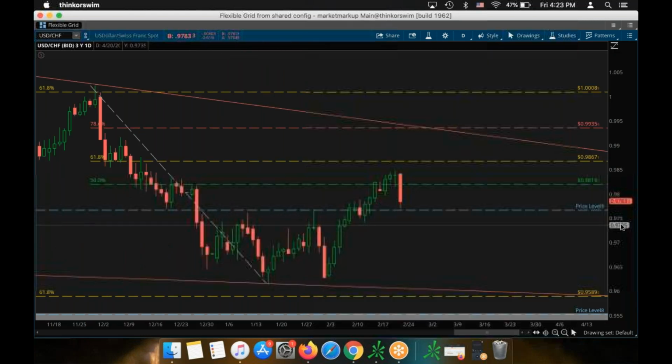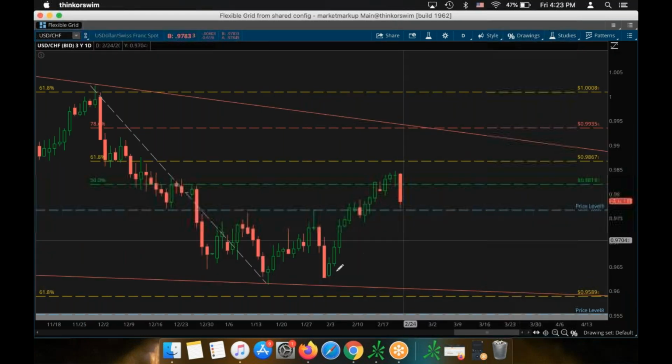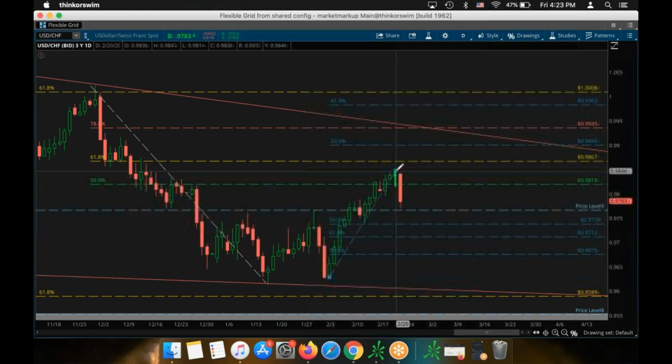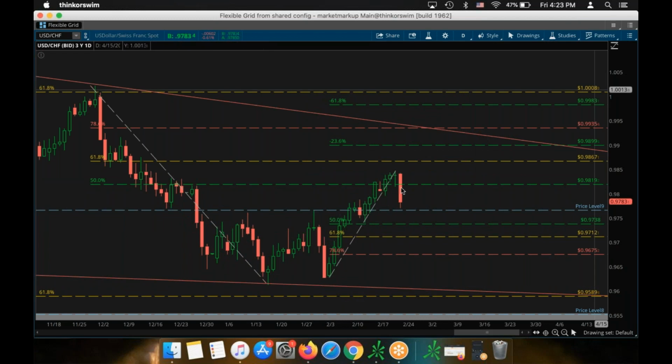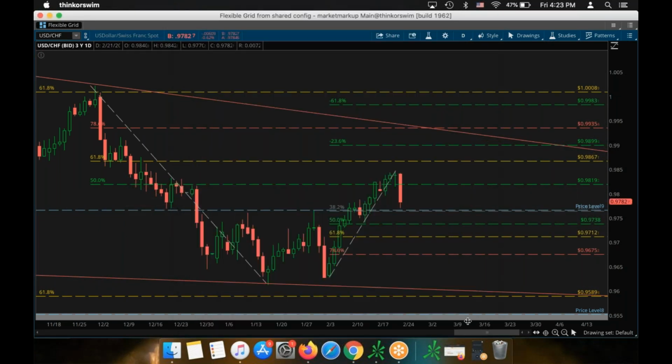And if we are to map this out further, you can see that we're given a pretty shallow retracement, but a good retracement because of the confluence nonetheless.